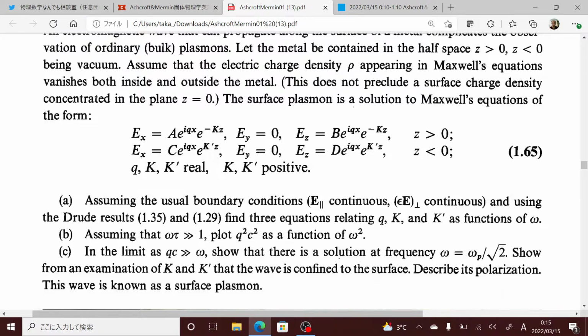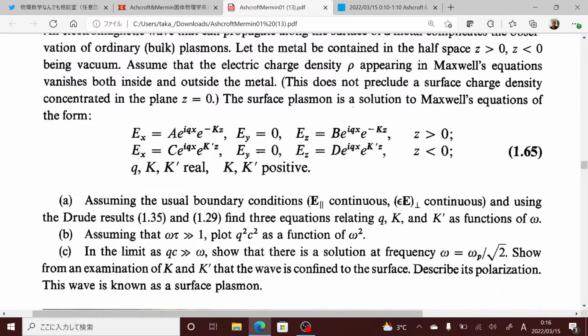Assuming that omega tau is larger than 1, plot q squared c squared as a function of omega squared. In the limit as qc is much larger than omega, show that there is a solution at frequency omega equal omega p divided by square root 2.